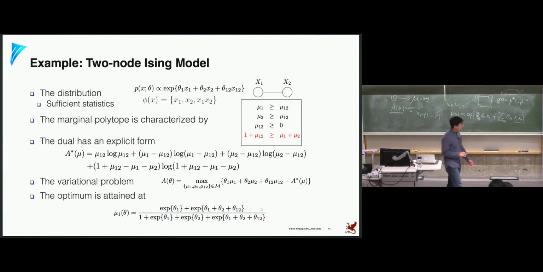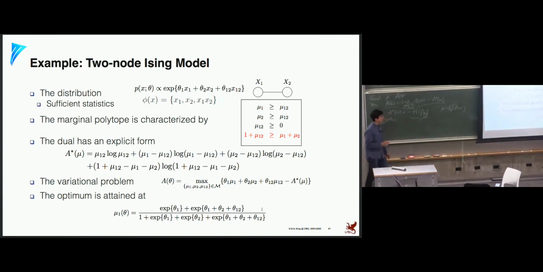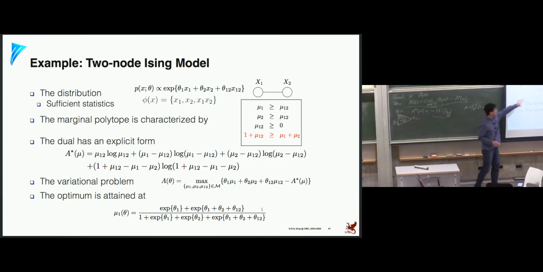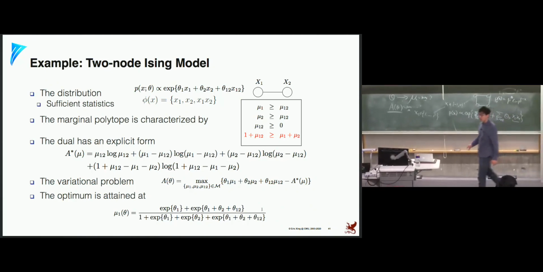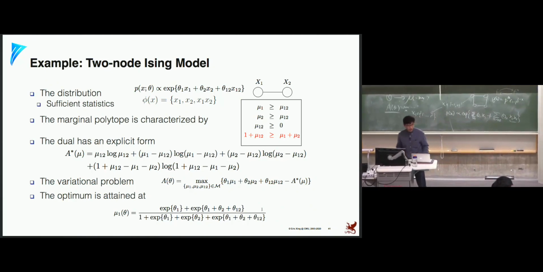And in the two-variable Ising model, this negative entropy has a closed form like this. We can just plug this closed form into the original variational problem. Then once we solve this new variational problem, we essentially obtain the optimal mean parameter.